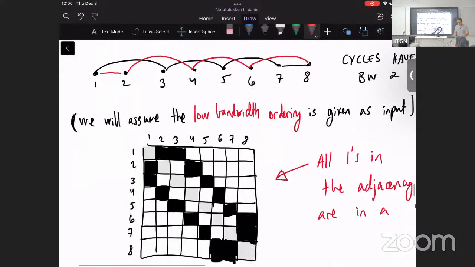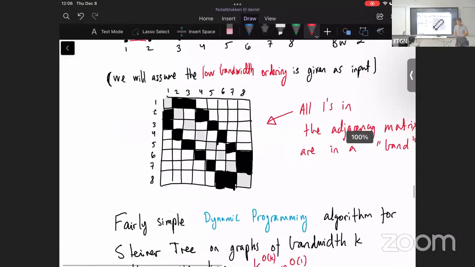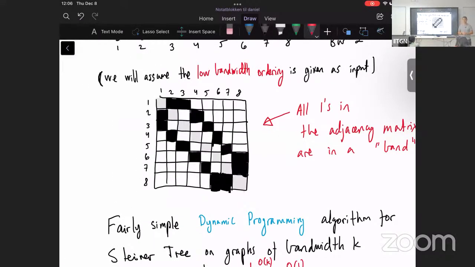The reason bandwidth is called bandwidth is that if you look at the adjacency matrix of a graph with a low bandwidth ordering, then all of the non-zero entries are going to lie in a band of width k around the main diagonal. This is what's going on here.